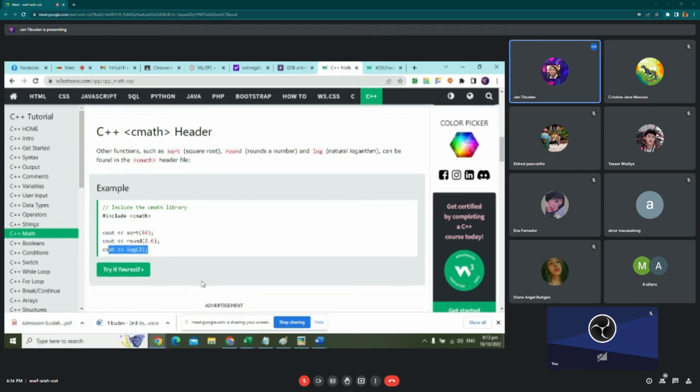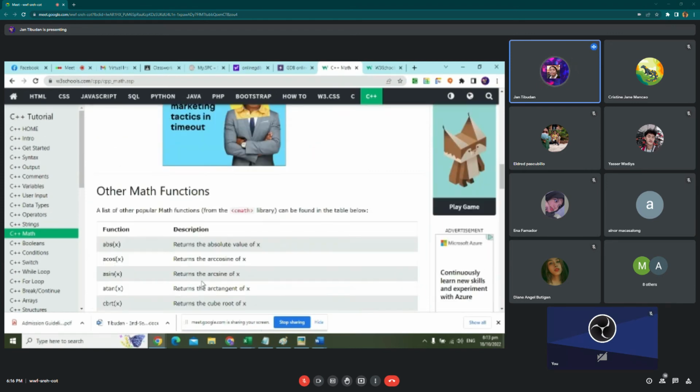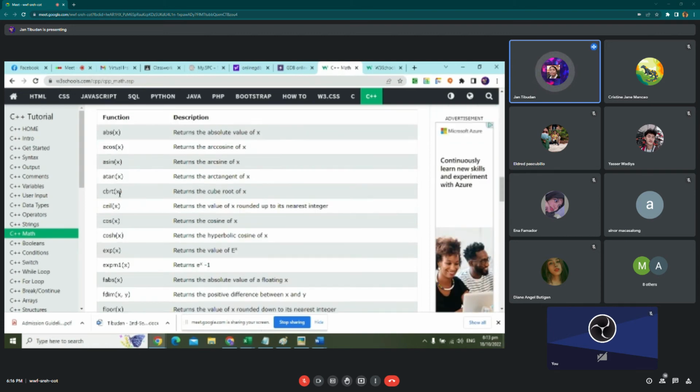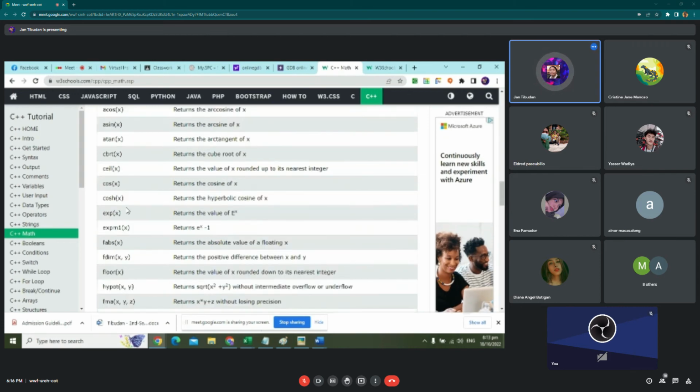Okay? So, at the same time, here are also the list of other math function. So, naa tay absolute, naa tay arc cosine, arc sine, arctangent, okay? So, then you have also cube root, naa say rounding to the nearest integer, cosine, hyperbolic cosine.